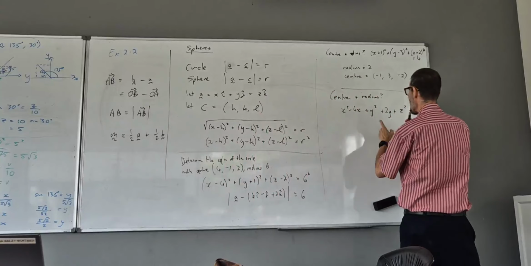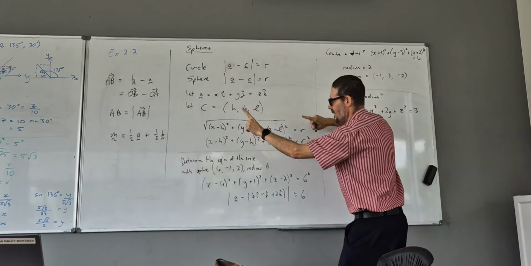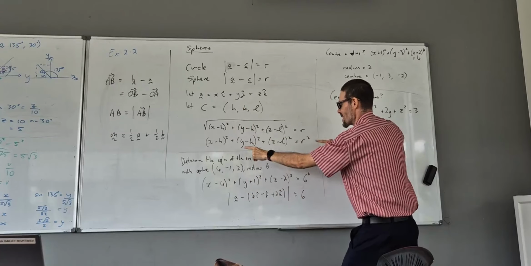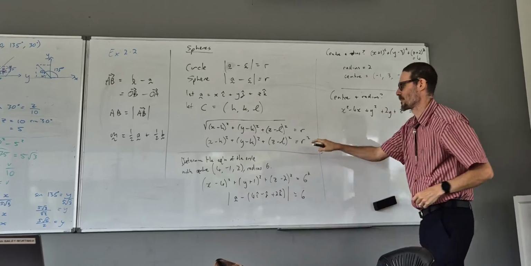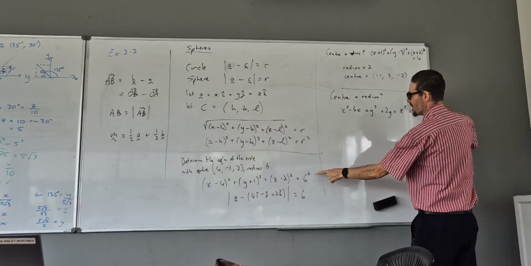So your goal is to turn this equation into something that looks like, wherever my equation's gone, this. So yeah, like this or this.